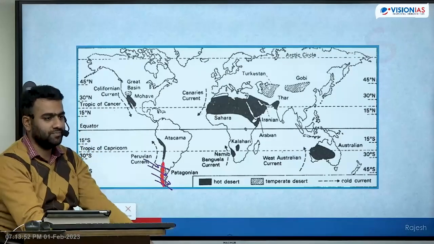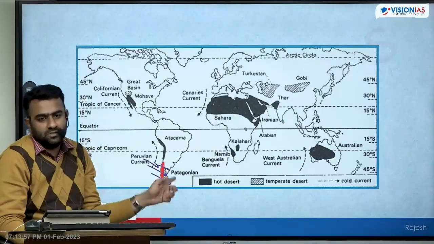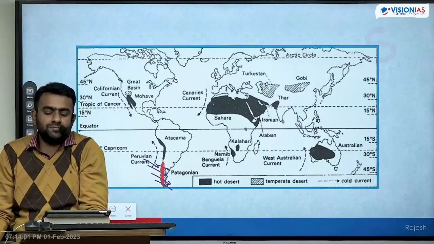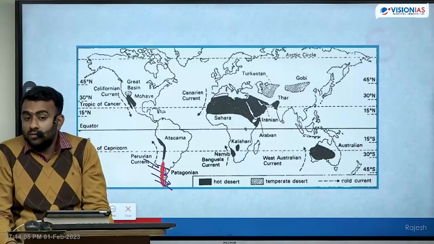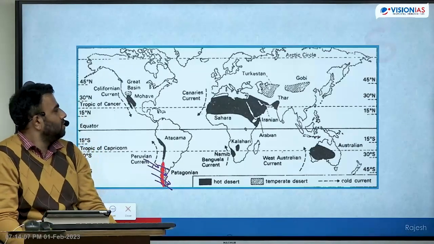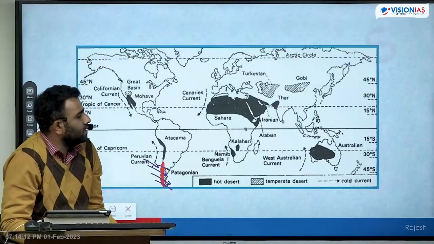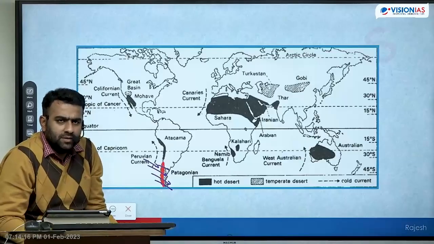But the hot zone western margin is always hot deserts because of these three reasons. Okay? No, more or less they are hot deserts. Okay?